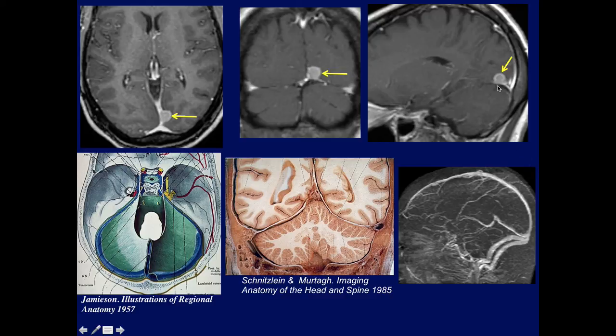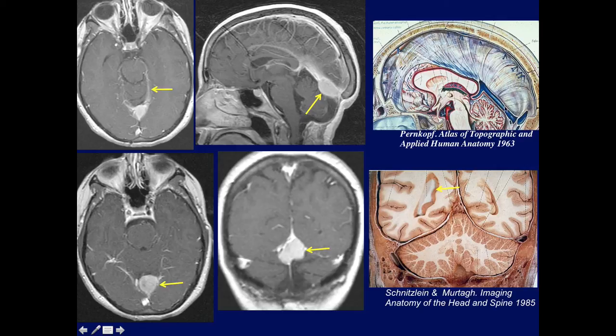Again, an incidental finding. But this is a bona fide torcular meningioma, as you can see at the junction, and also involving the inferior part of the straight sinus. So this is a torcular meningioma, and if it would eventually get large enough, it would have a major effect on the veins here.